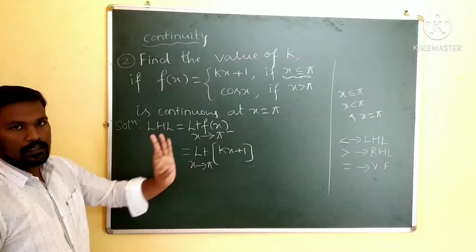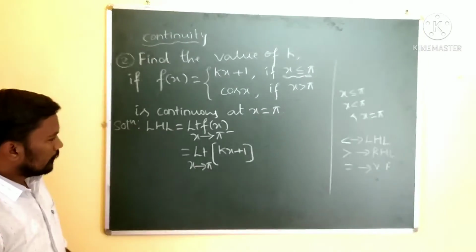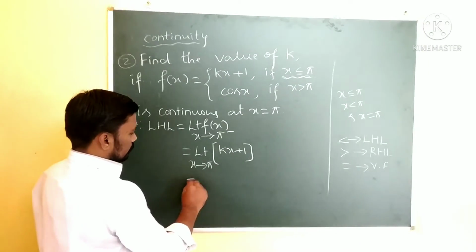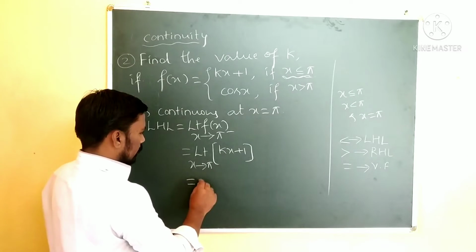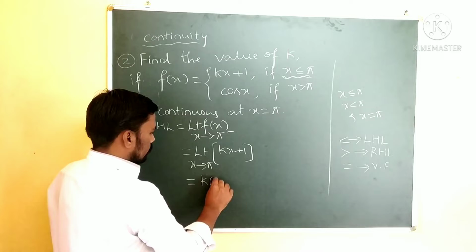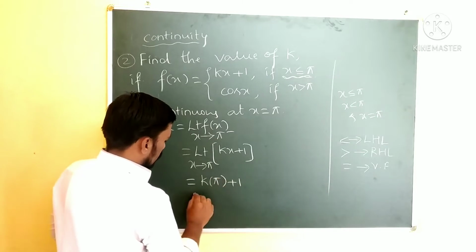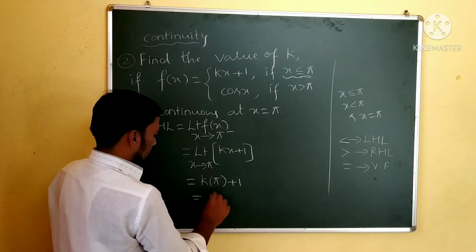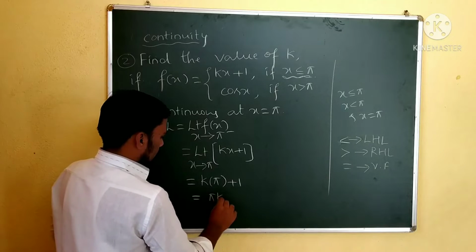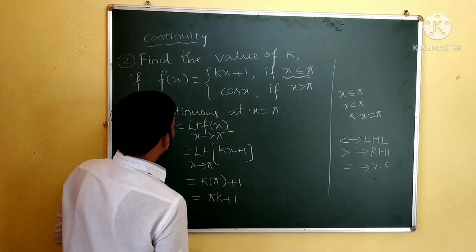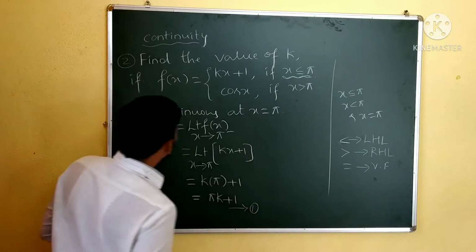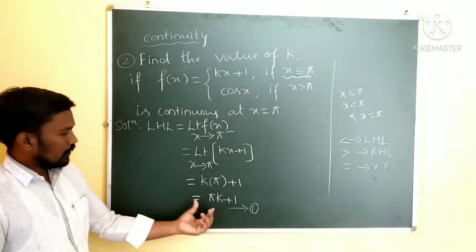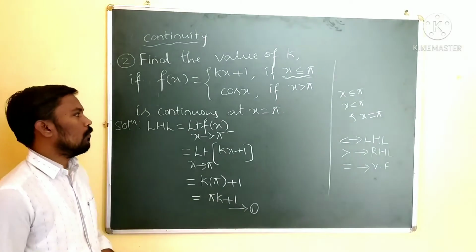Now apply the limit. Wherever x is there, put pi. kx becomes k pi, so k pi plus 1, that is equal to pi k plus 1. So this is the left hand limit value. It is equation number 1. We got the LHL value as pi k plus 1.